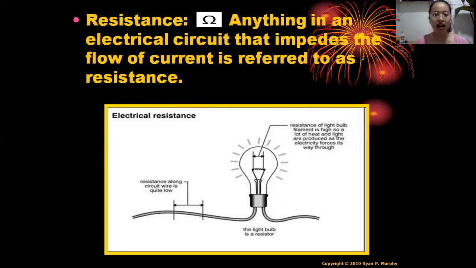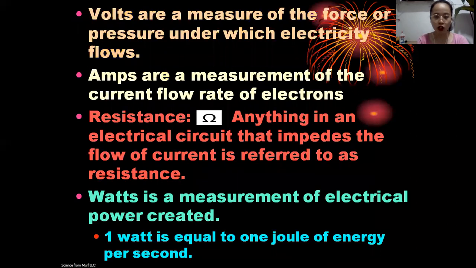So when the resistance is higher, the current is lower, because they are inversely proportional. Always remember these terms. I give you 1 minute to read and study this. You can pause this video to take notes of the important terms.